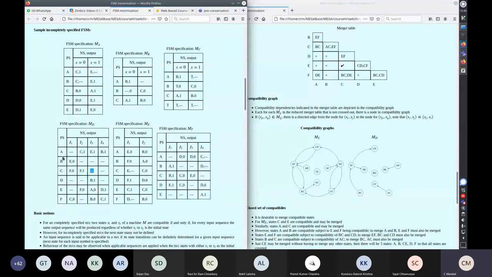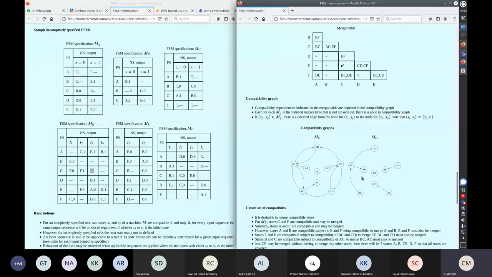So you would expect an edge from AC to CF or FC. From AC, do we have AC here? Yeah, AC to CF. So that edge is there.